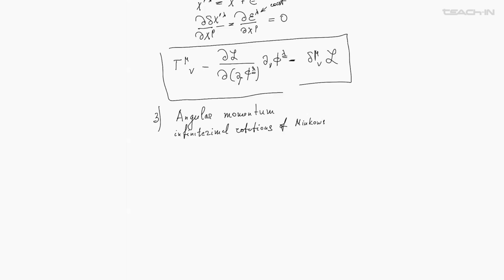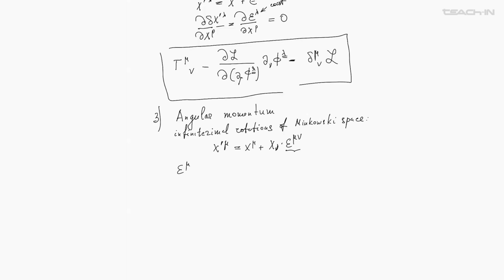So x prime mu is equal to x mu plus x nu multiplied by epsilon mu nu, where the parameters of these transformations, epsilon mu nu, satisfy the following property: epsilon mu nu is equal to minus epsilon nu mu.